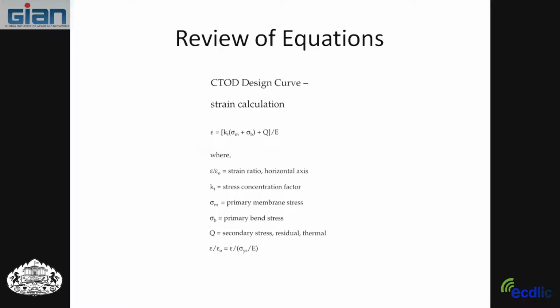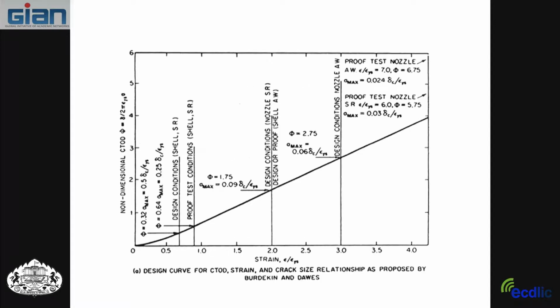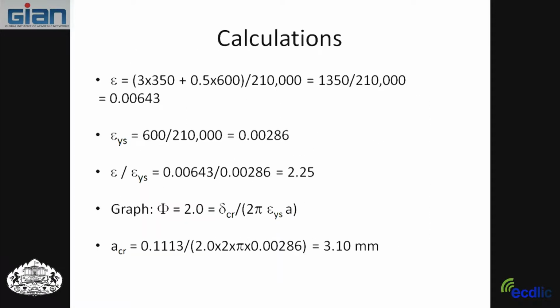So here are the CTOD design curve equations. This came out to be a little small. So stress concentration times membrane and bending stress plus residual stress or secondary stress, all divided by modulus to get the strain. Okay, so here's the strain.